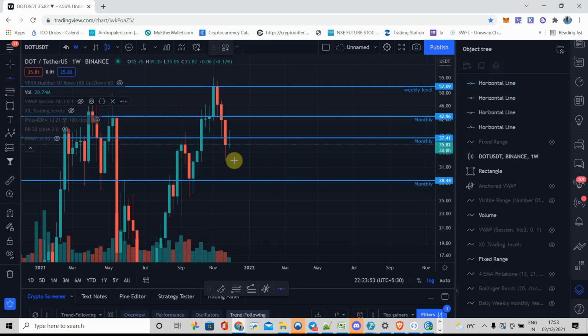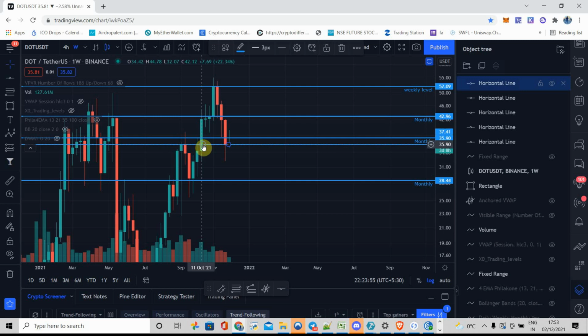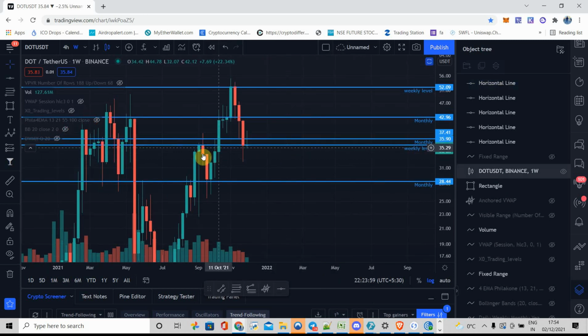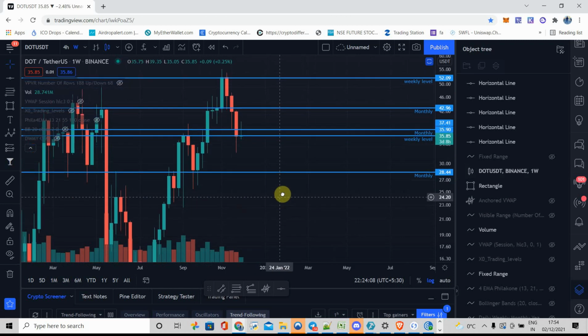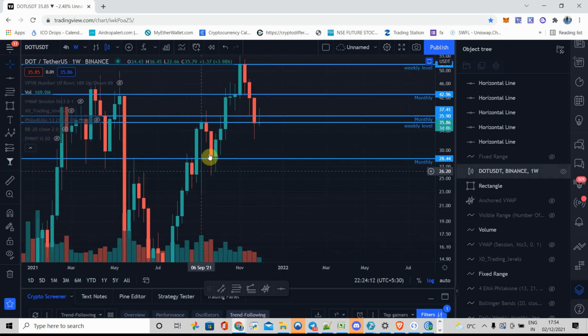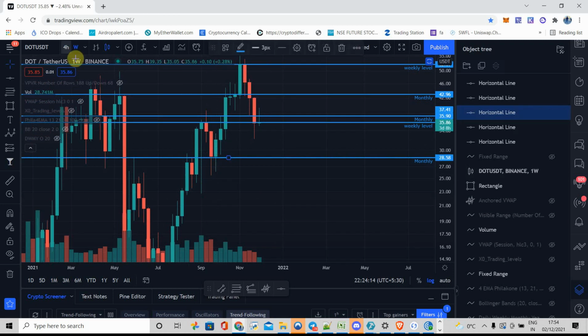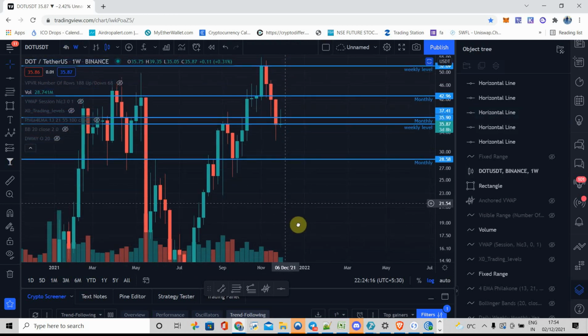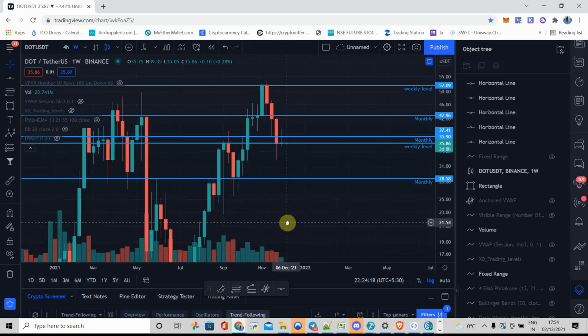This is another weekly level I can draw, from where price got a reaction and the DOT token went from $38 till $26. So this is one of the weekly. I think I have drawn all the weekly levels.